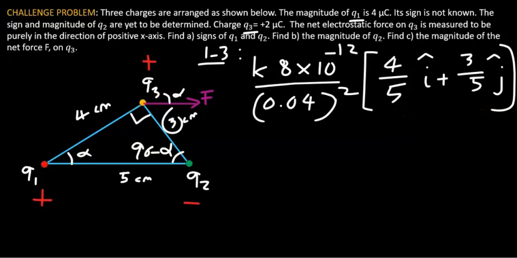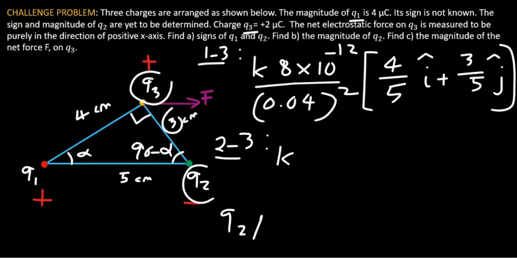Next, let's determine the second contribution to the net force, namely the contribution 2-3. That is the force exerted by Q2 on Q3. The magnitude of that force is constant K times the product of the two charges, Q3 and Q2. Q3 is 2 microcoulomb, and Q2, let's assume it is Q2 microcoulomb.